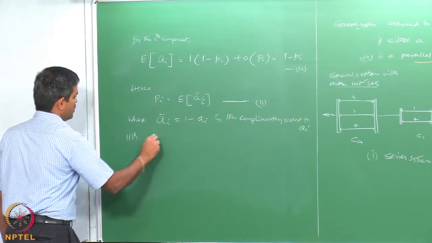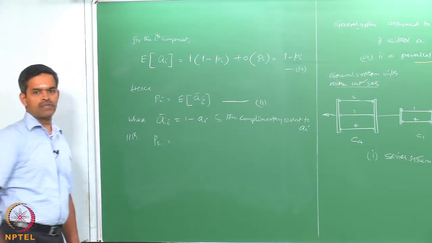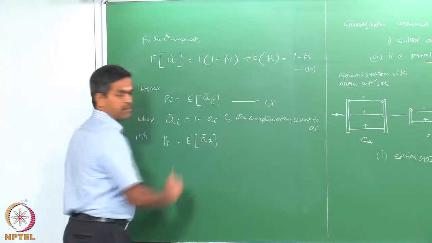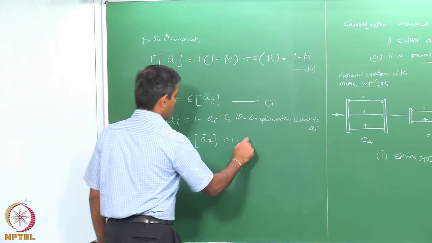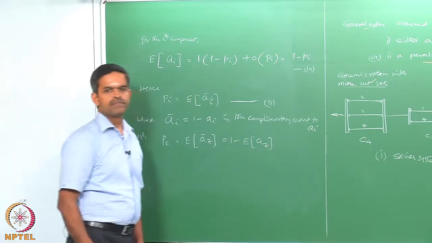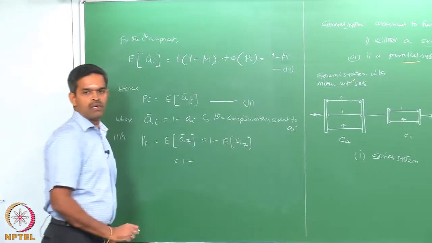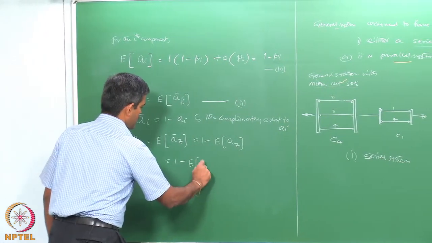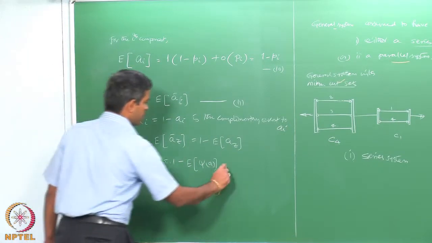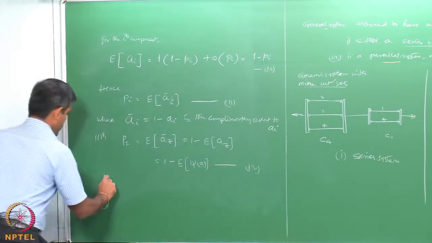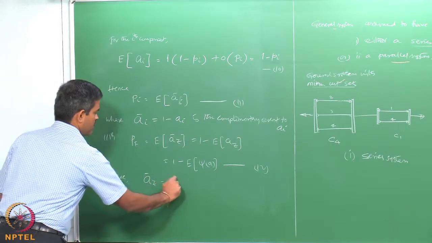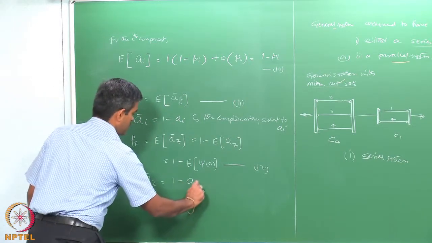Similarly, Pf, the probability of failure of the system, is the expected value of A bar z, which can be 1 minus E of Az, which can be 1 minus E of a function of A, where A bar z is 1 minus Az.